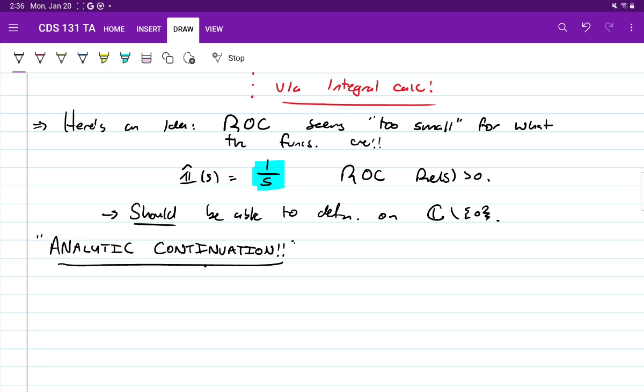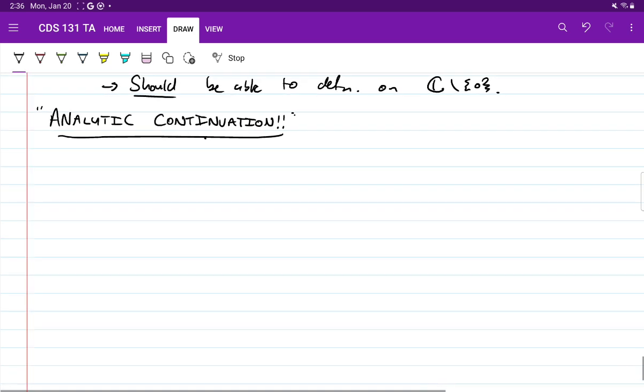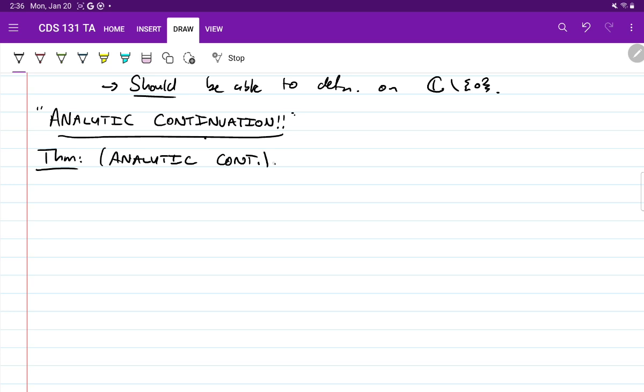It turns out analytic continuation is the rigorous reason why you can be a little bit more loose about this region of convergence. It gives us a nice, more precise way of saying we could really talk about these things on a larger domain. So let me sketch out the idea of what this is. I'll state a theorem regarding analytic continuation.